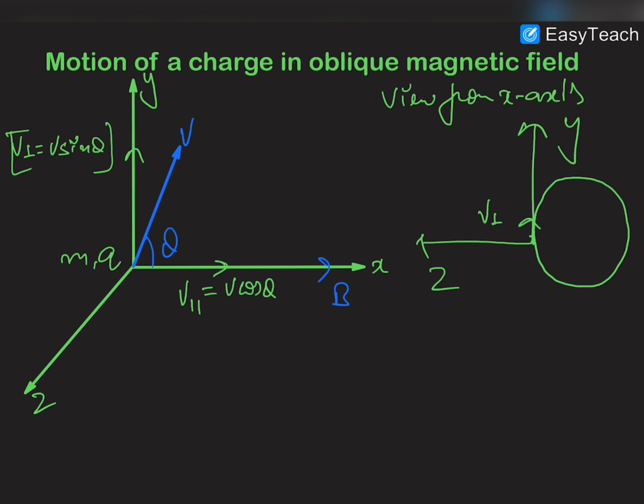Okay, so this will be the radius of the particle, and the centripetal force would be acting towards the center always like that.